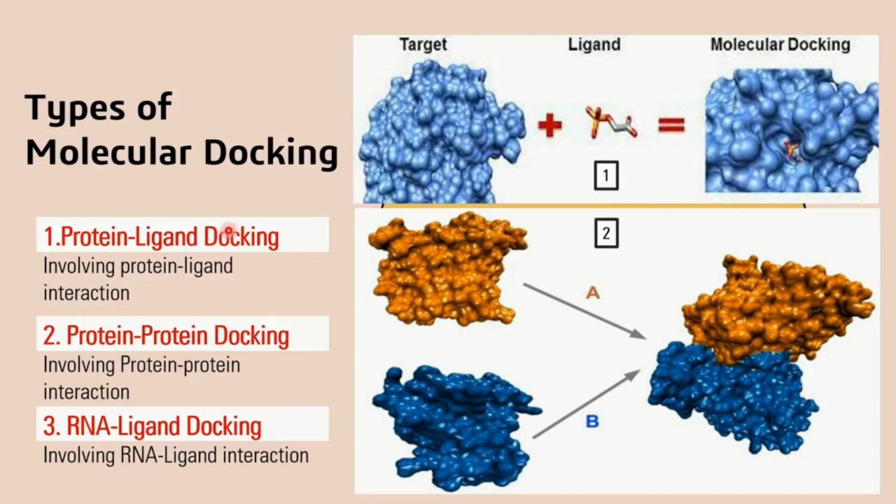We also have types of molecular docking. There are actually a few types of that. The first one is protein ligand docking, where a particular target, as you can see, is docked against a particular ligand. You have the complex. This is the protein, and then this is the ligand in the active site.